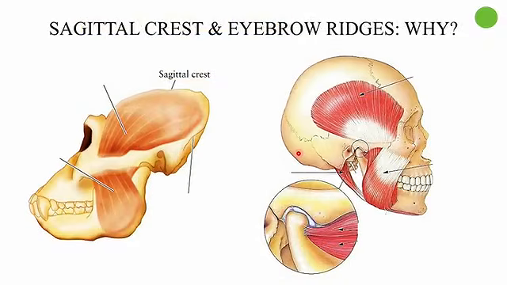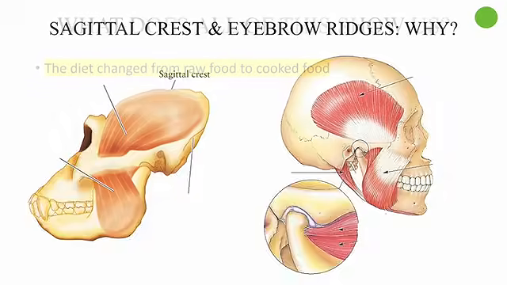So they will ask you, why do we find that the sagittal crest and the eyebrow ridges are more pronounced in our ape-like ancestors? That has got to do with the fact that the eyebrow ridge is like a buttress for the muscles when they take a powerful bite, to withstand the pressure that exists. And the sagittal crest obviously is an attachment point for the muscles to the cranium itself.